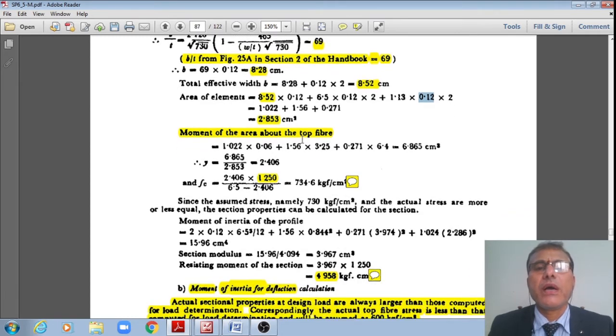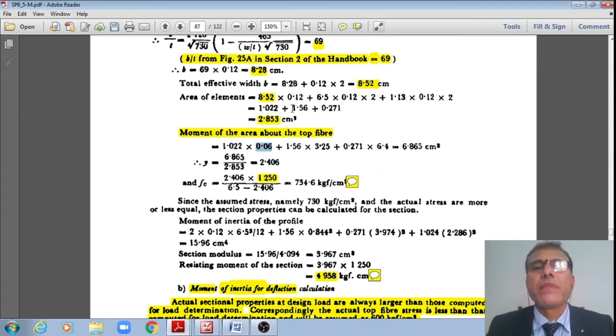Therefore, the moment of area about the top fiber of these elements is equal to the previous area 1.022, and its perpendicular distance is 1.12 divided by 2, 0.06, because the reference itself is the top fiber, right?